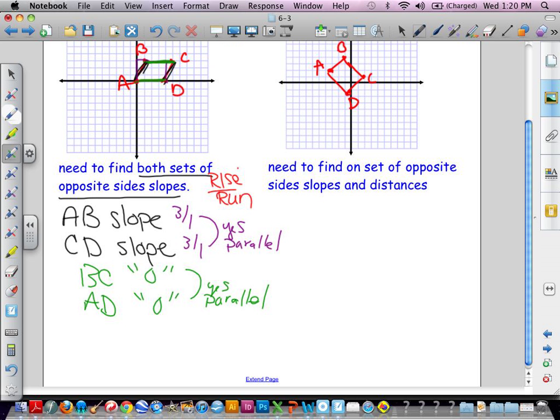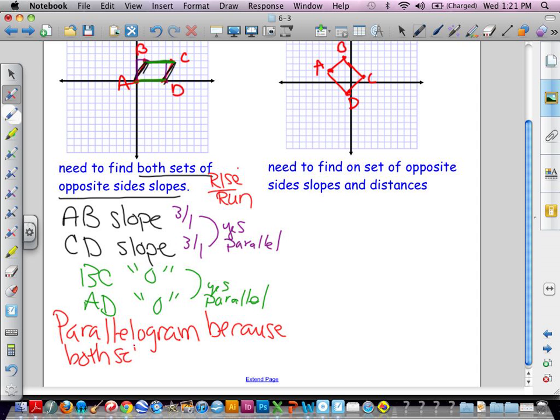The 5th one reads: it is a parallelogram because I have both sets of opposite sides parallel.